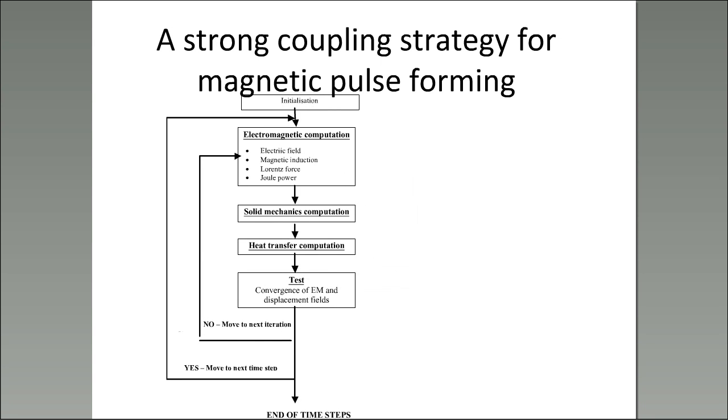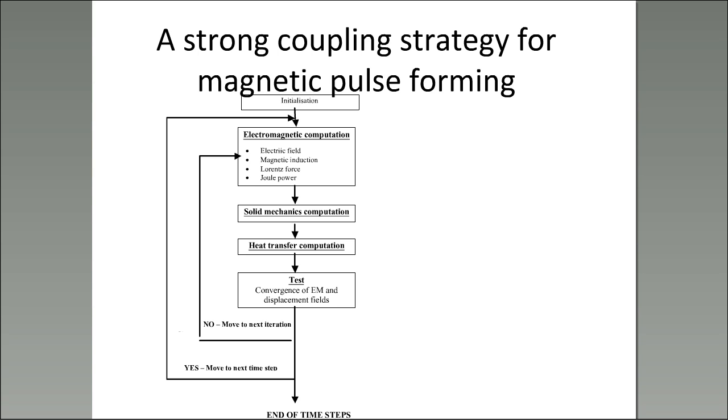Another example of a stronger coupling strategy, still speaking about magnetic pulse forming, is to do iterations at each time step between the three types of computation: electromagnetic, solid mechanics, and heat transfer. We run them until we have converged both the electromagnetic fields and the displacement field.